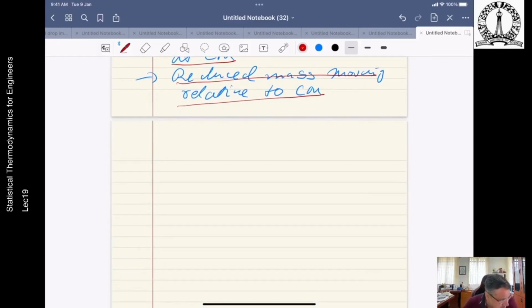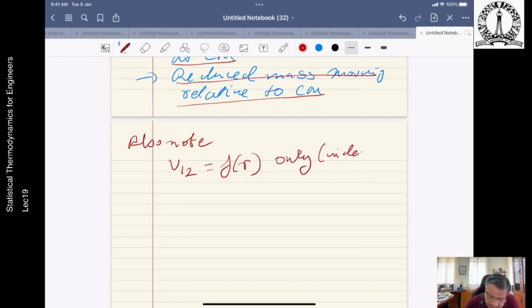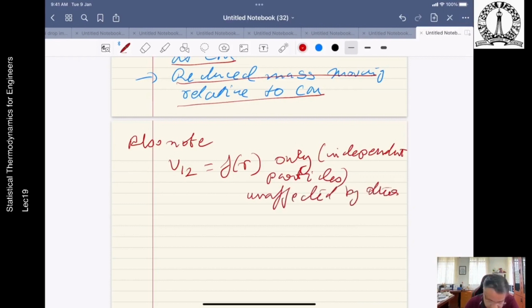Also, please note that V12 is a function of r only, if these are independent particles, unaffected by other molecules.